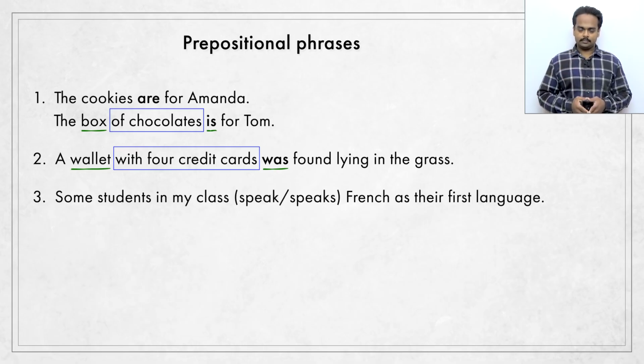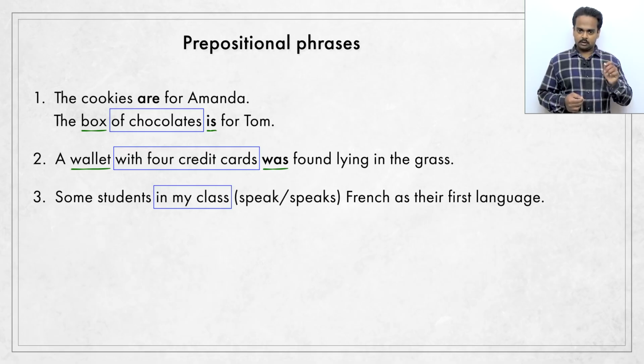Okay, here's the next one. Some students in my class speak or speaks French as their first language. Well, what's the subject of this sentence? I see a preposition in, so I know that in my class is a prepositional phrase. It gives us information about the noun students.